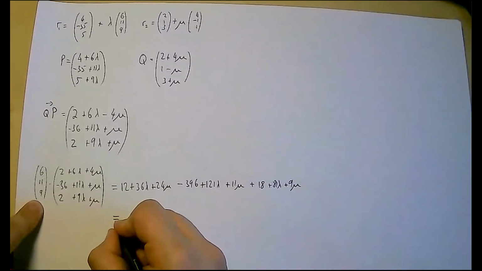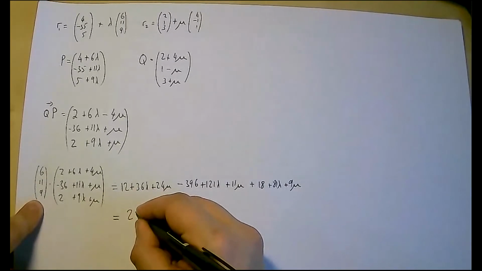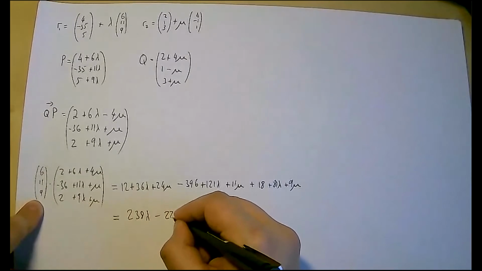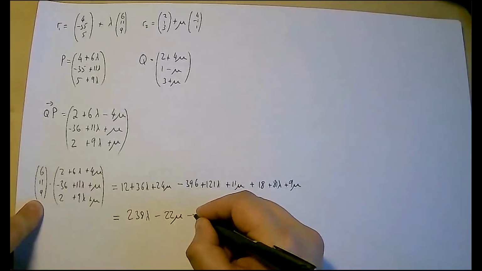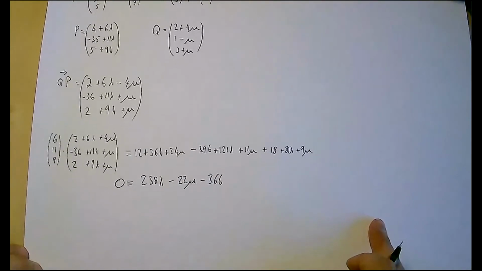And that all simplifies to be 238λ take 22μ take 366. And because that's set equal to 0, we've got an equation. We want it to be 0 because of perpendicularity and the dot product giving us that property.